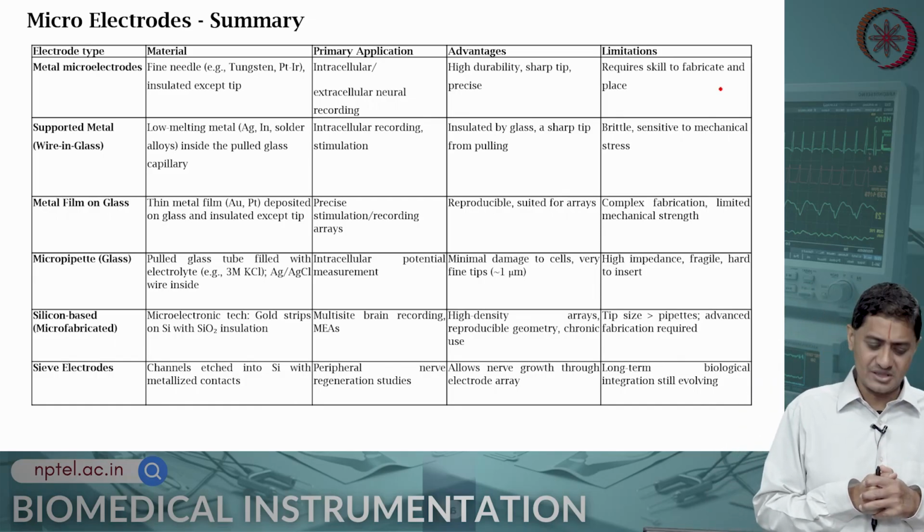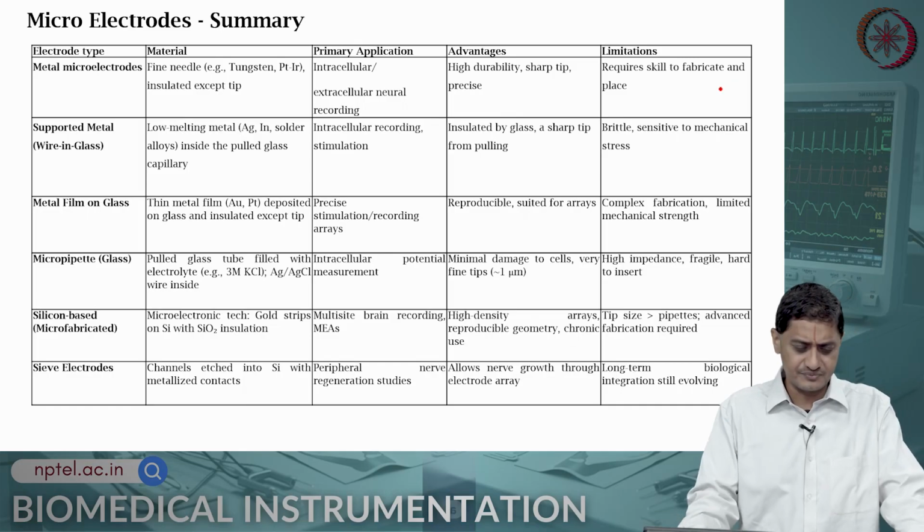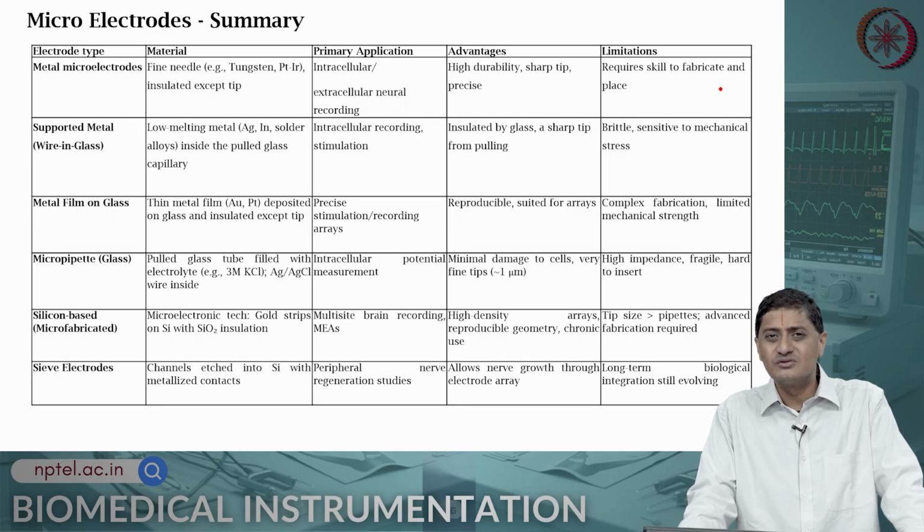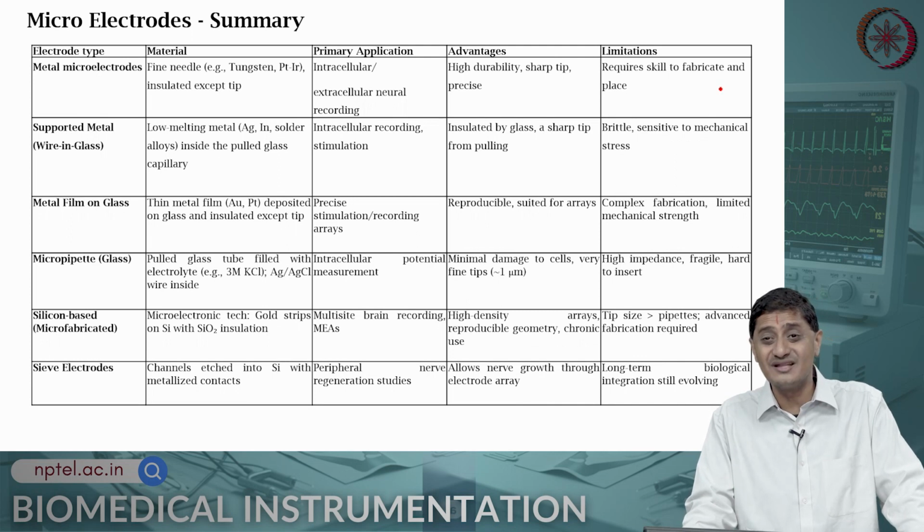Then I have the micropipette glass electrode. In this case, I have a pulled glass tube that is filled with an electrolyte, usually 3M potassium chloride, with a silver chloride wire inside that. This is very useful for intracellular measurement because it causes minimal damage to the cells, and the tips can be really fine, of the order of 1 micron.